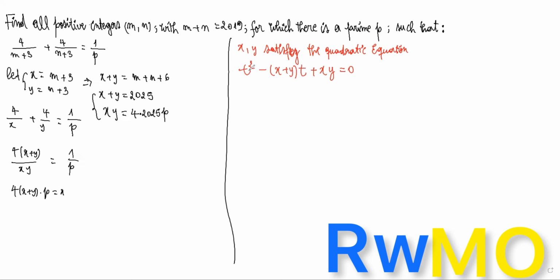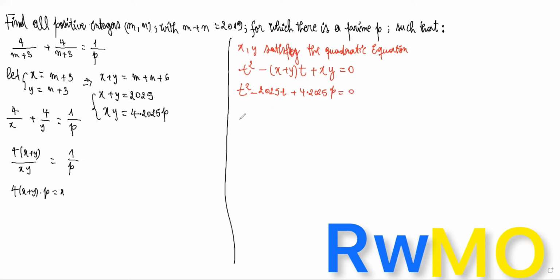If you replace t by x, you can easily see that the left-hand side will be 0. And similarly, if you replace t by y, you also get 0. So you can see that t squared minus 2025 t plus 4 times 2025 times p equals 0.